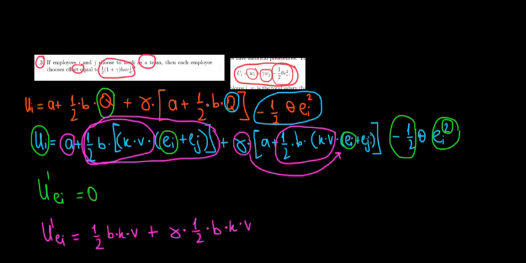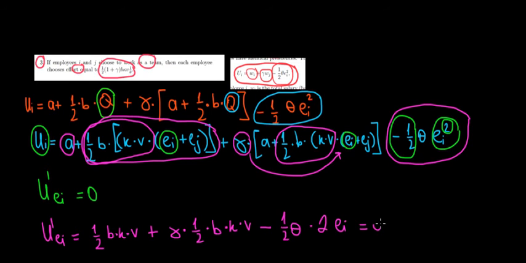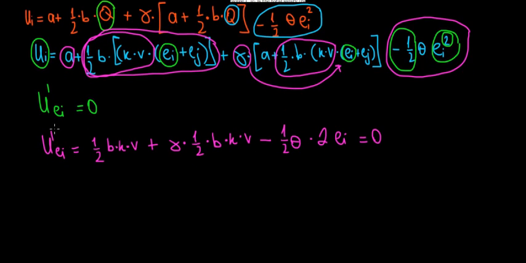And then here we'll have the effort of the other guy. When we differentiate, that becomes 0, minus the derivative of the cost of effort, which is going to be again the constants: 1/2 theta multiplied with the derivative of e to the power of 2, which is 2 times e, equals 0.